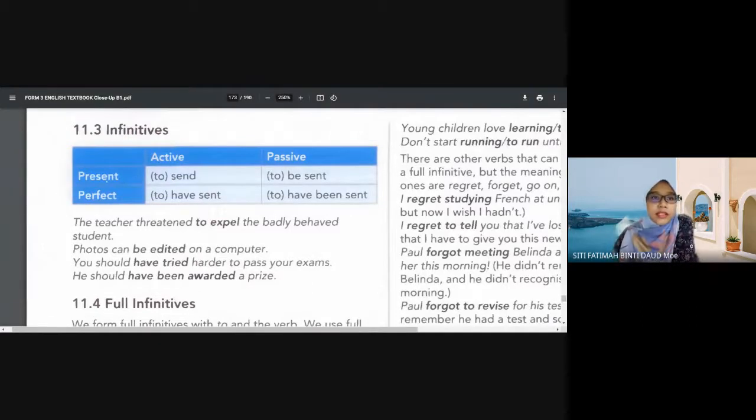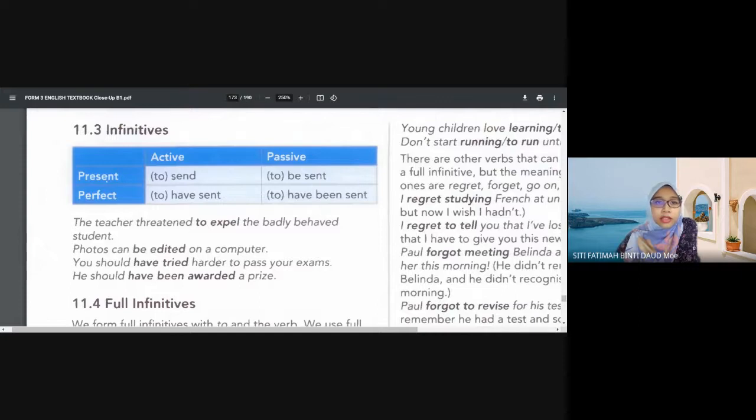All right, infinitives, we have active and passive. So if it is active, to send, untuk dihantar. Passive, to be sent. Lebih kurang je, maksud sama, cuma active and passive. Okay, perfect, to have sent, to have been sent. But the similarity is the word to in front.